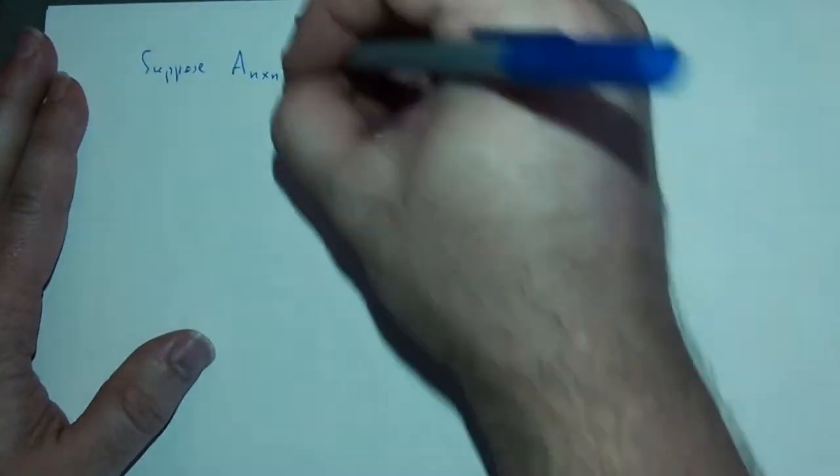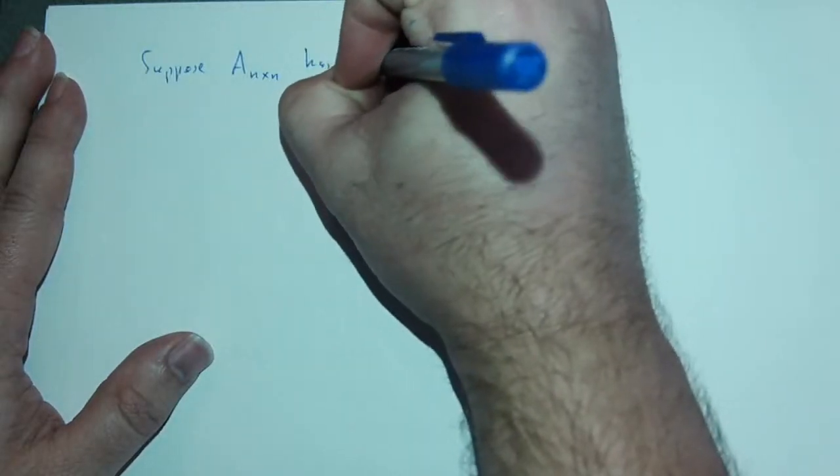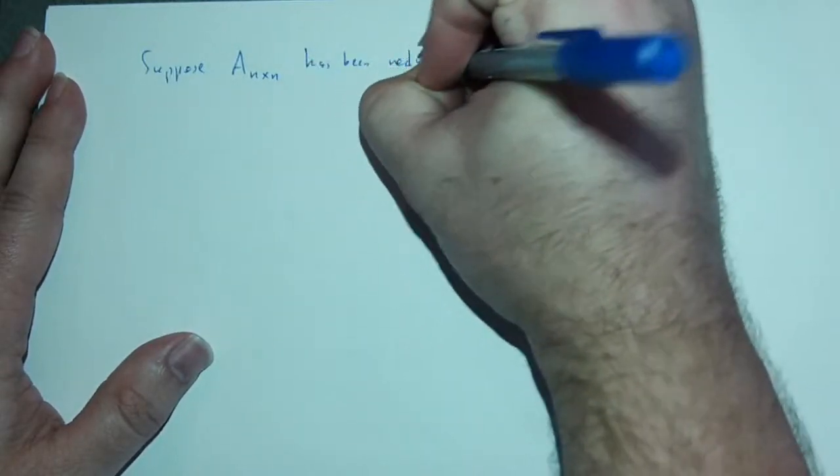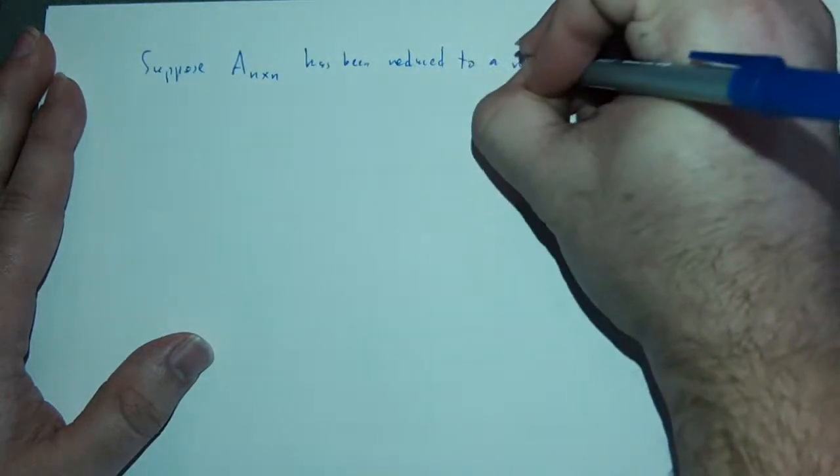Other than it being some more nice tricks in your toolbox for computing determinants, here is the key thing. Suppose that A, which is a square matrix, has been reduced to a row echelon form.